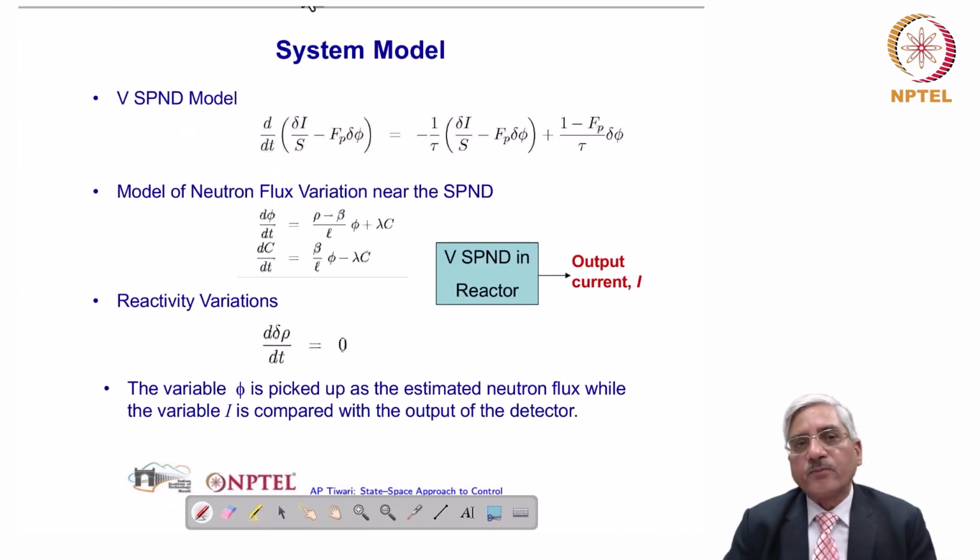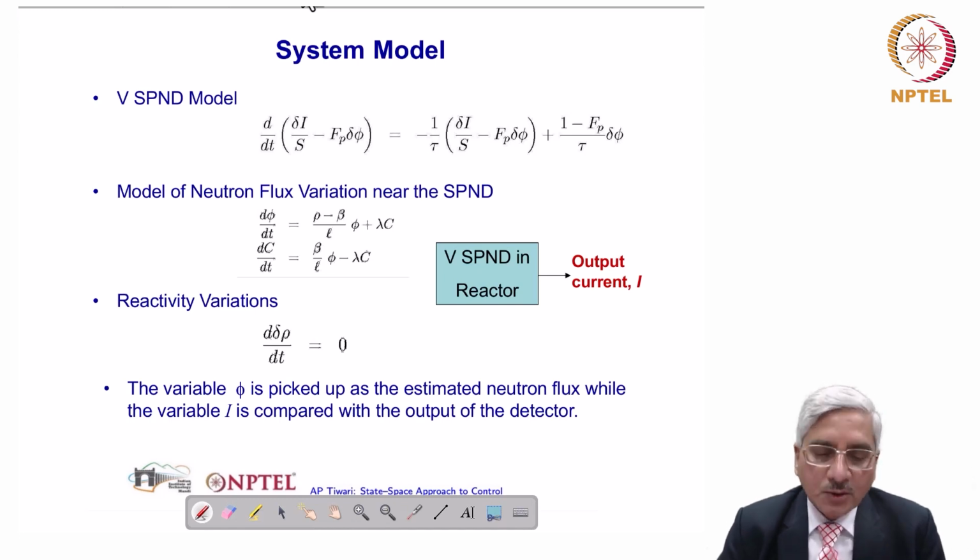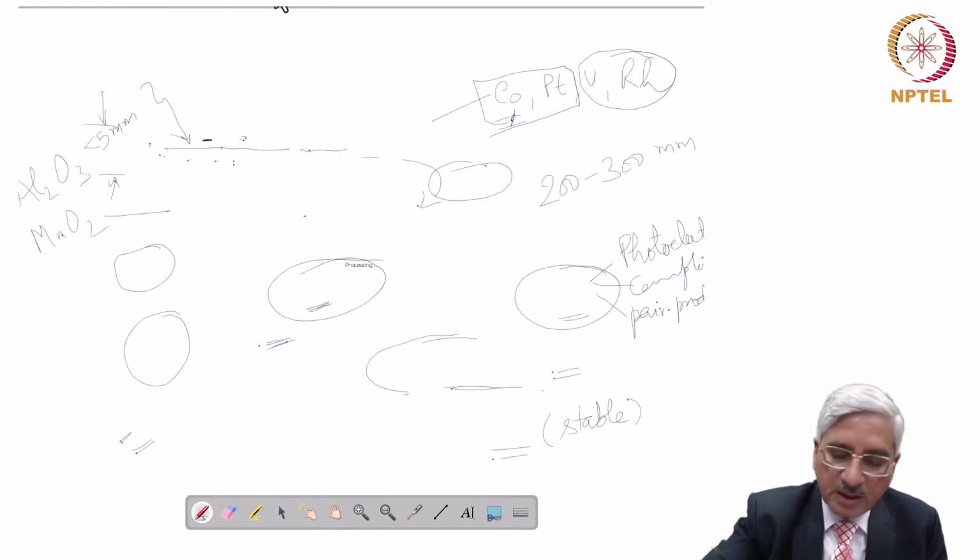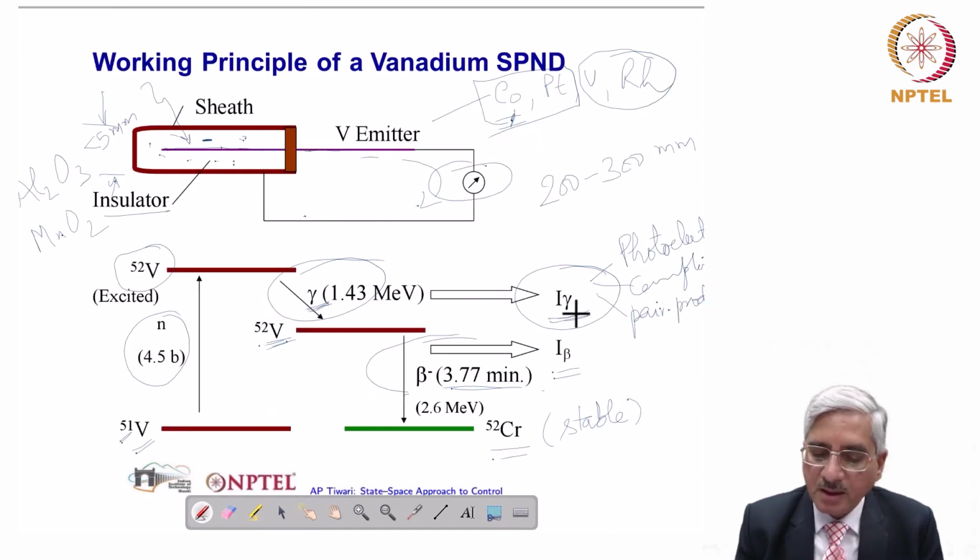So we require a system model for application of the Kalman filter. We first model the vanadium SPND, and based upon these phenomena, the production of I gamma and I beta, their sum is the total current. I total is I gamma plus I beta.